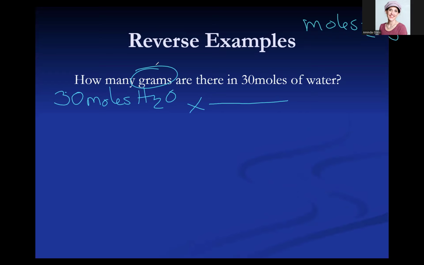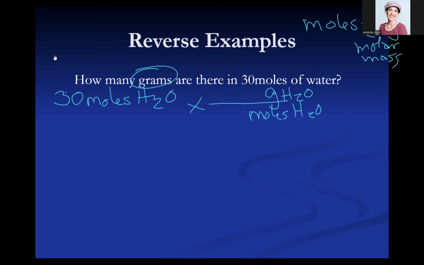This is the same process that we were using before, only it's backwards. We still have to use the molar mass to do this. So to go from moles to grams, we want grams on top, grams of H2O, and we need moles of H2O. Well, how do I get my grams? Well, this is where I go to my periodic table.